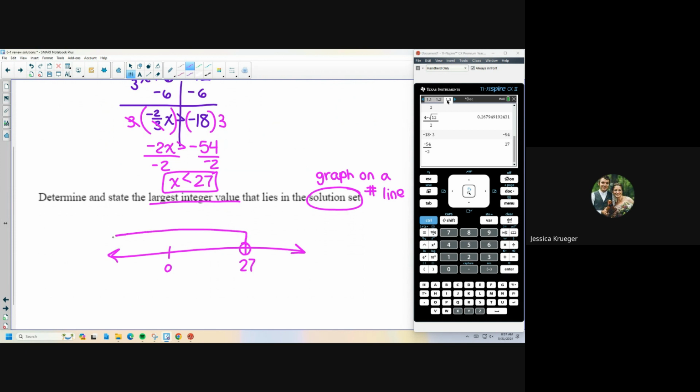X is less than 27 goes this direction. It's important to remember 27 is not in the solution set because it's an open circle. So the largest integer that is in the solution set is 26.